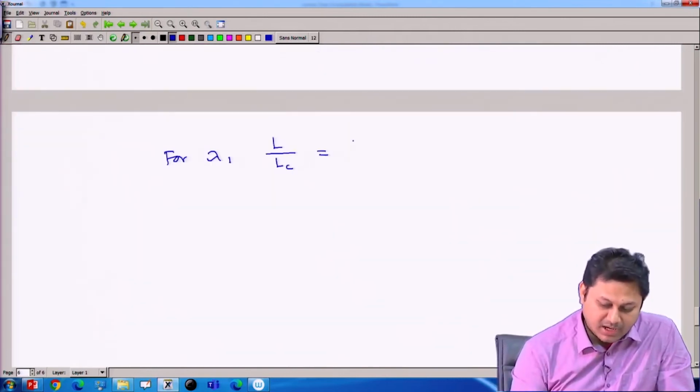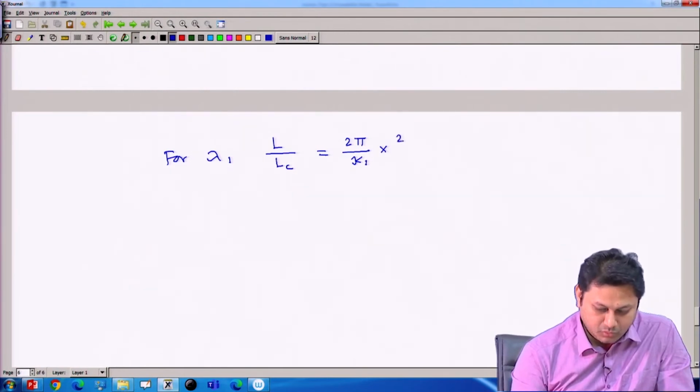So, L I know is 2 pi divided by kappa 1, multiplied by 2 kappa 1 divided by pi.